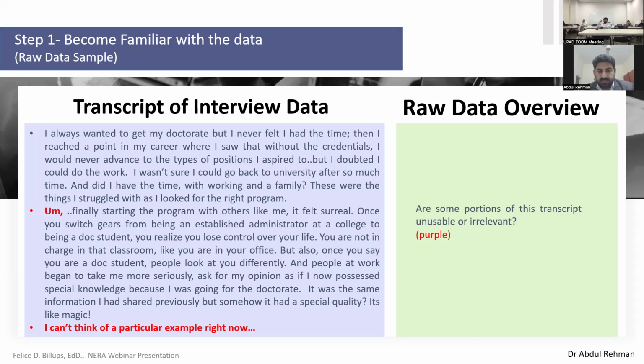But also, once you say you are a doc student, people look at you differently, and people at work began to take me more seriously, ask for my opinion as if I possessed special knowledge because I was going for the doctorate. It was the same information I had shared previously, but somehow it had a special quality. It's like magic. I can't think of a particular example right now.